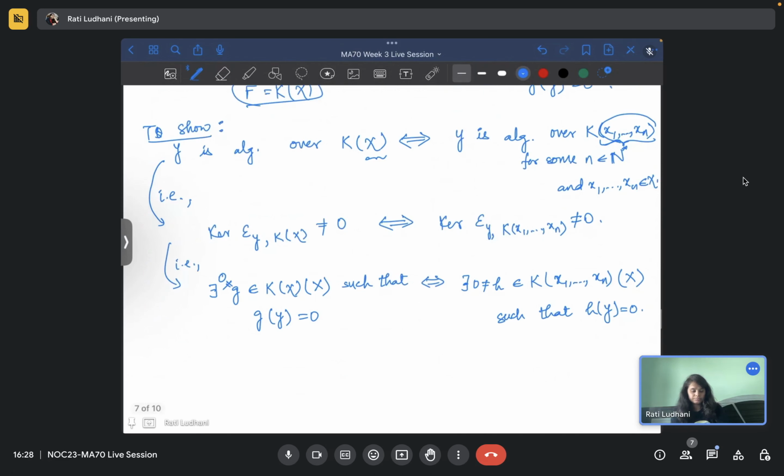Here x1 to xn belongs to chi and are fixed numbers, so we are just saying that there are some fixed numbers and you have this condition. Can you tell me which side is trivial?